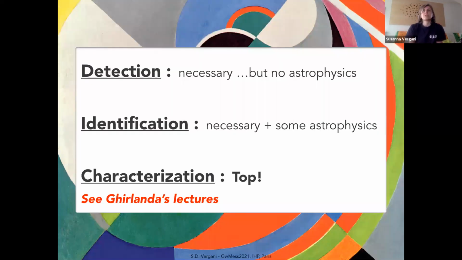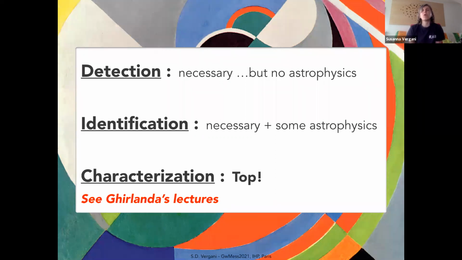In fact, detection is mandatory, is really the first thing that we need to do. But with the detection, we don't have any astrophysics to be done. It's just the detection of the counterpart, of a transient that can be the counterpart. Then the fundamental step is to identify that it is the right electromagnetic counterpart associated with the gravitational wave event.